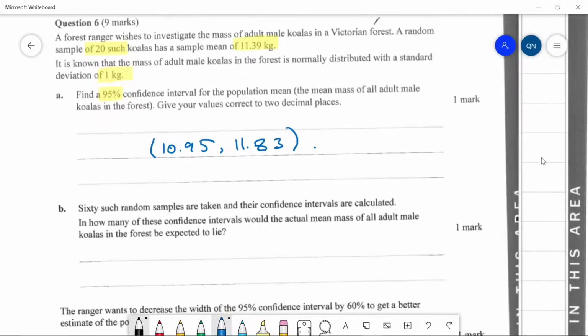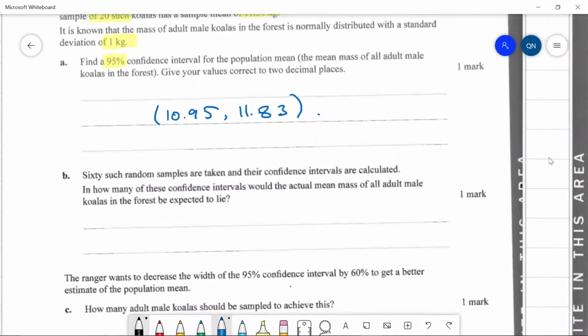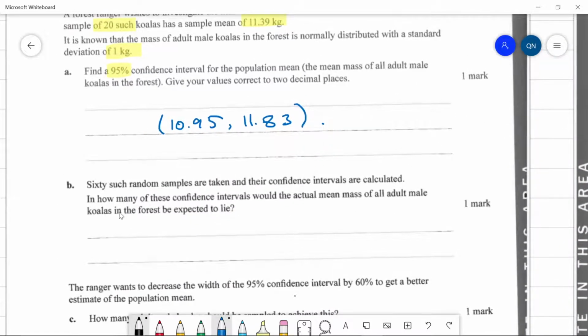60 such random samples are taken, and the confidence intervals are calculated. In how many of these confidence intervals would the actual mean mass of all adult male koalas in the forest be expected to lie? This is a confidence level of 95%, so your population mean is only expected to lie in the confidence interval 95% of the time.